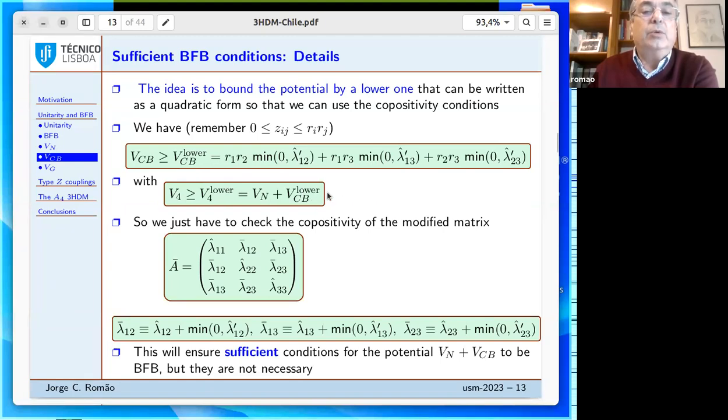Essentially, you redefine these matrices with these conditions that come from there, and now you have this matrix, and you just require that this matrix corresponds to a positive quadratic form, and this will ensure sufficient conditions. They are not necessary because we are bounding it by a lower one, not really equating it to another potential.